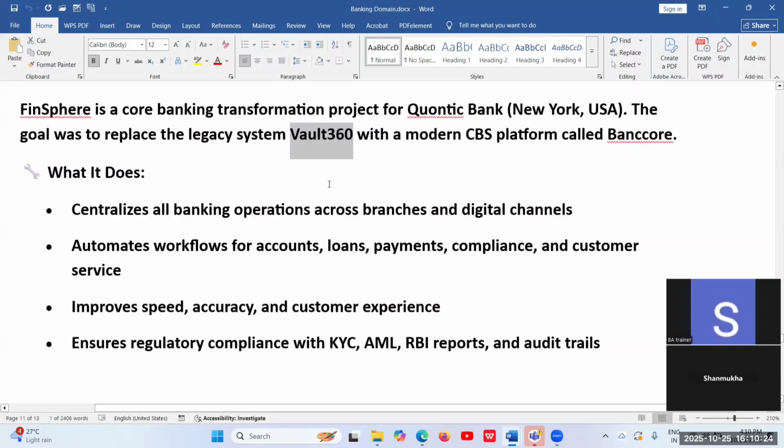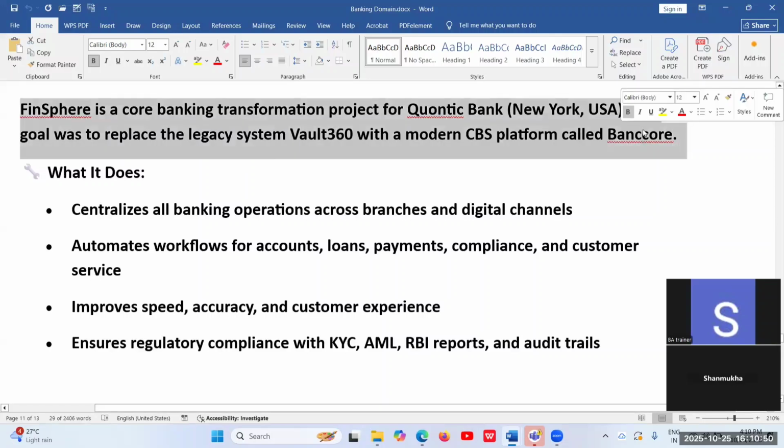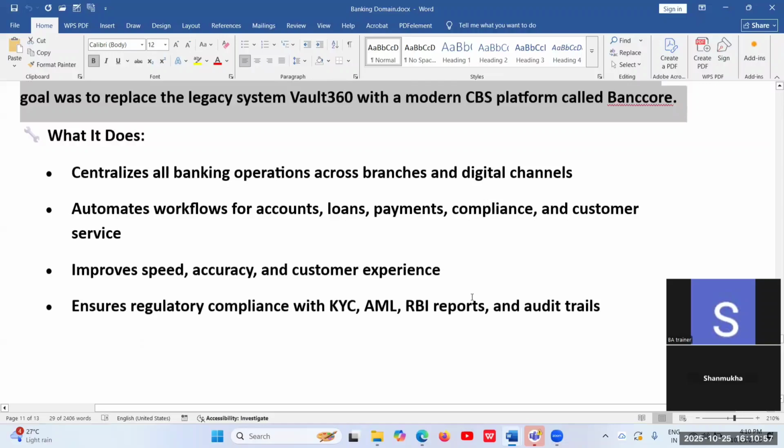This CBS is a centralized banking operation used to operate the bank operations between the customers of the bank and the internal banking team. Whatever details they collect from the customers, they update in this platform called Bank Core. Okay, got an idea, Shanmuka? Yes. Okay. So this is the main purpose.